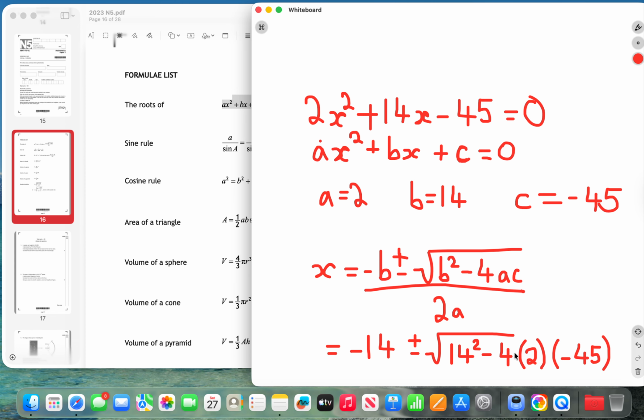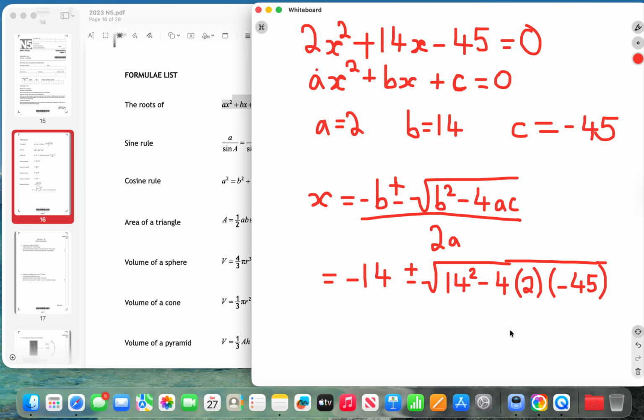I think I said 4 minus 2. I meant 4 times 2. So 14 squared minus 4 times 2 times minus 45. And that's all being divided by 2a.